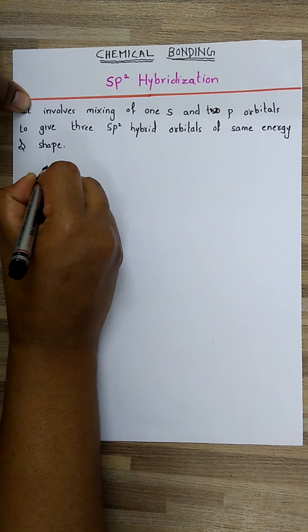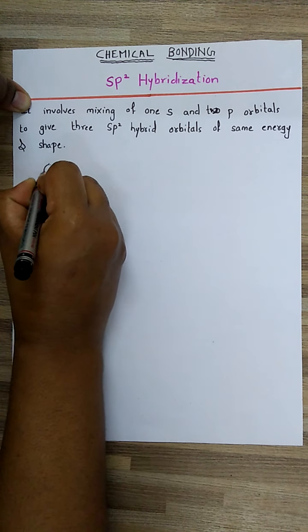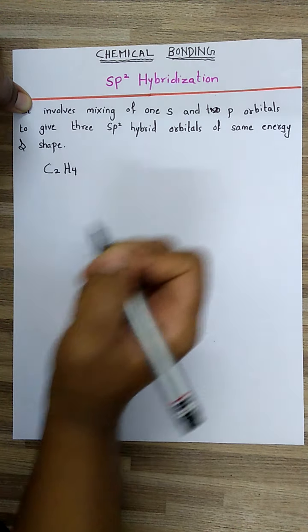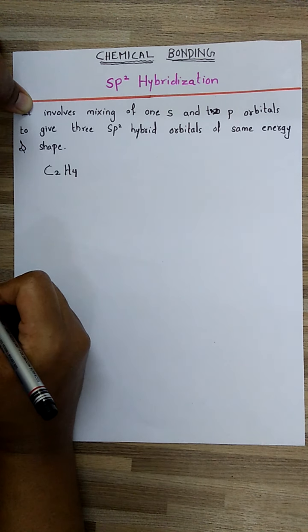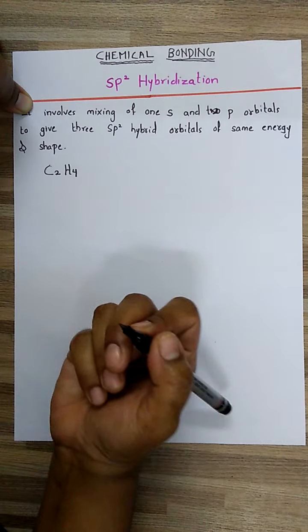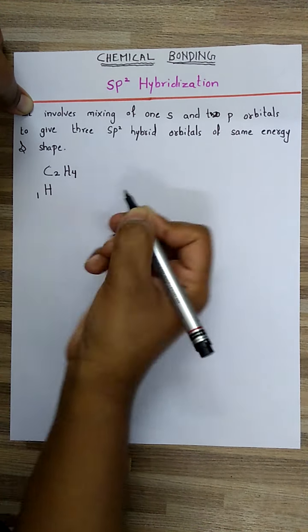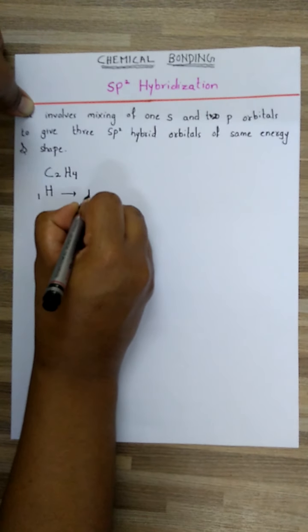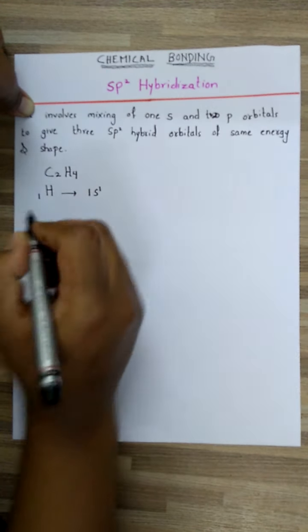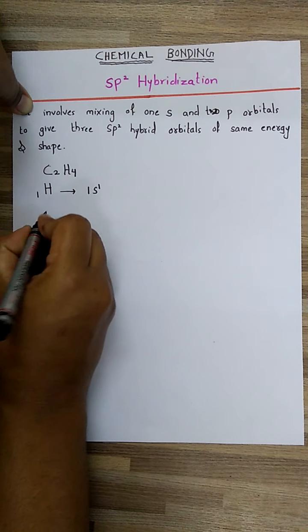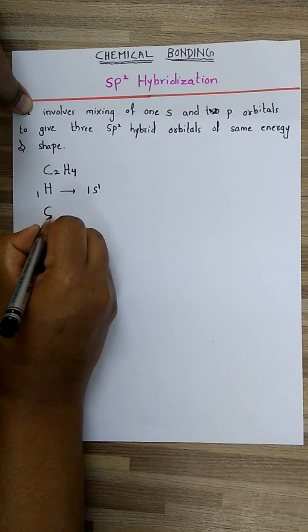The molecular formula of ethene is C2H4. It is made up of 2 carbon and 4 hydrogen atoms. We know that for the hydrogen atom the configuration is 1s1, so all 4 hydrogens have one half-filled orbital. And we have 2 carbon atoms.